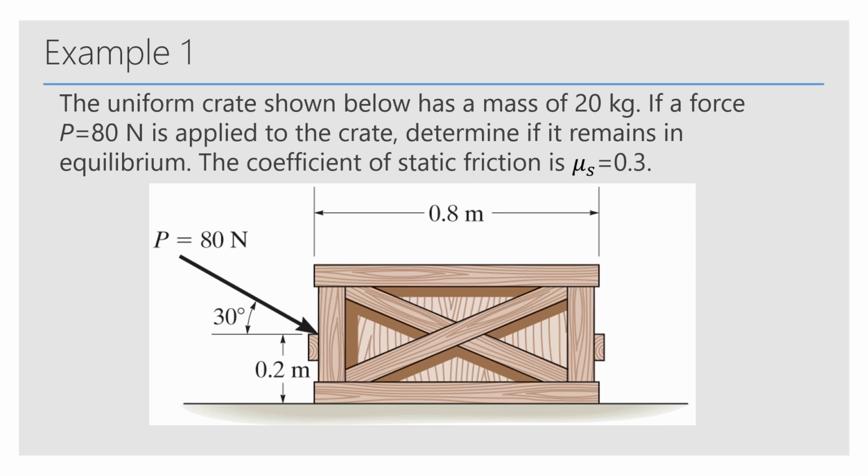So the example we're looking at for this lecture today says, the uniform crate shown below has a mass of 20 kilograms. If a force of P equals 80 newtons is applied to the crate, determine if it remains in equilibrium. The coefficient of static friction is 0.3.